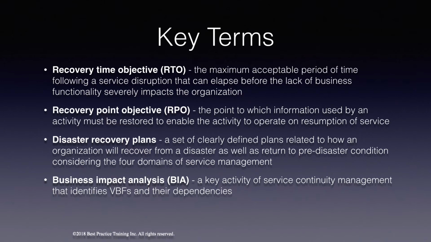The last term that we'll discuss in this practice is BIA, or Business Impact Analysis. A business impact analysis is a key activity performed by the resources supporting the service continuity management practice. The BIA defines vital business functions and their dependencies.